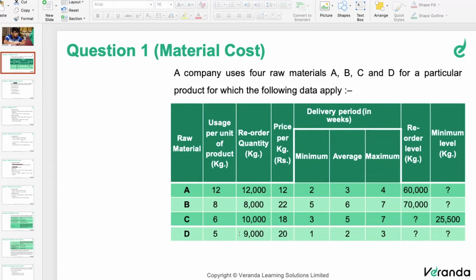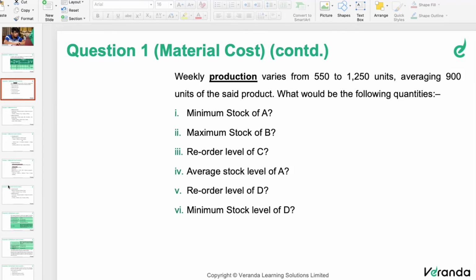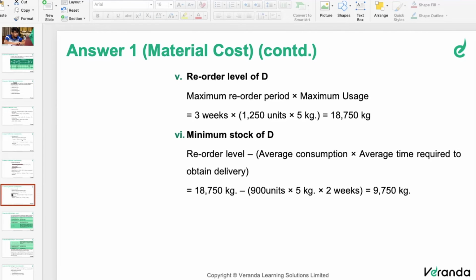Average consumption 9,000 upon 10, so 900. 5 into 900. So comes to 9,750 kgs. Any doubt? Yes, sir.